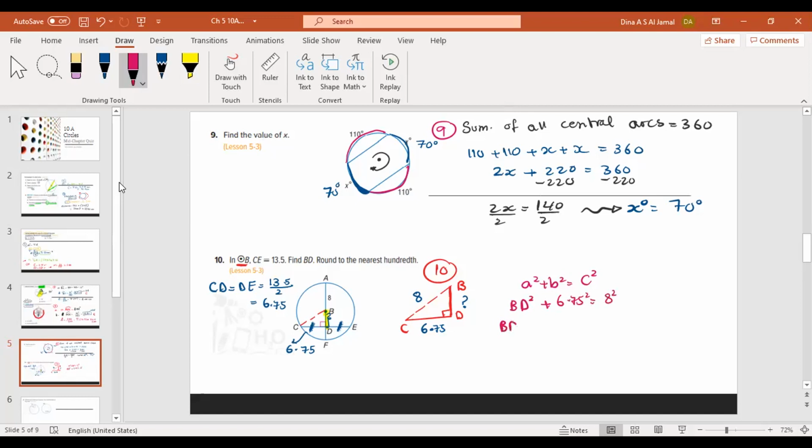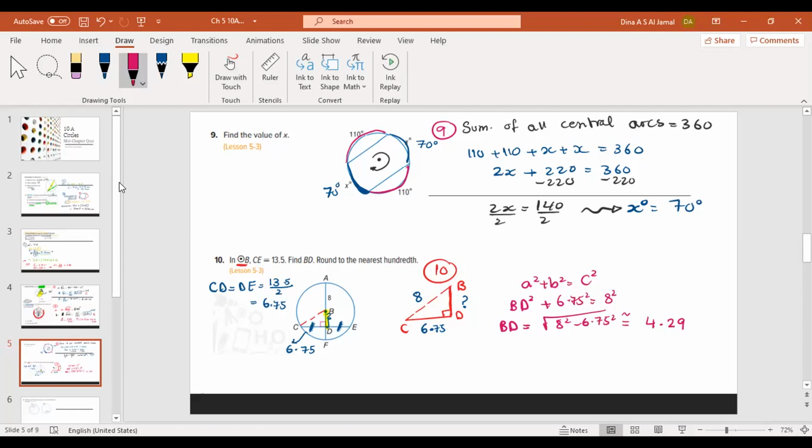Let's now substitute and simplify. It will be 8 squared minus 6.75 squared, equal to around 4.29. Good. That means we used the properties of the right angle triangle.